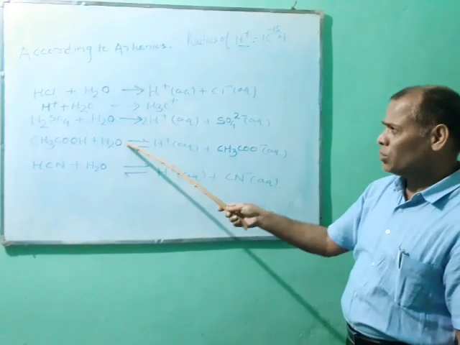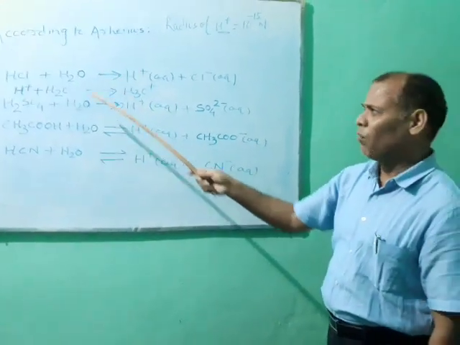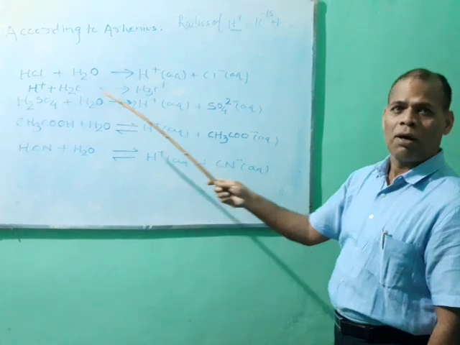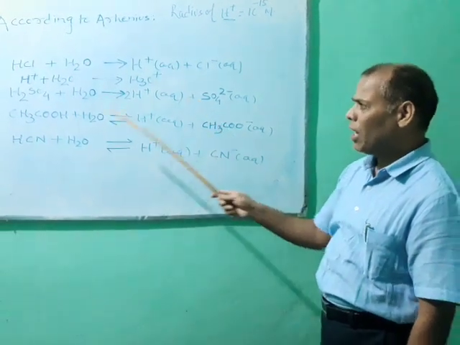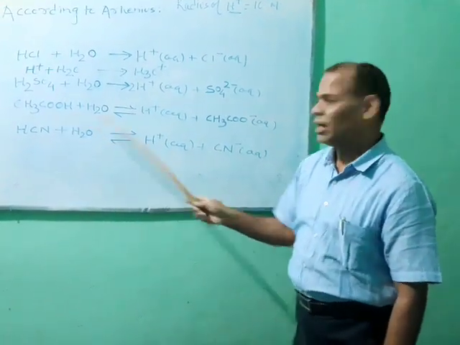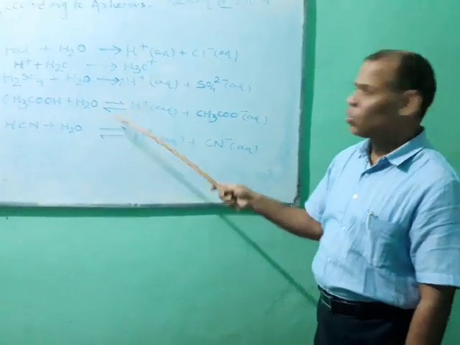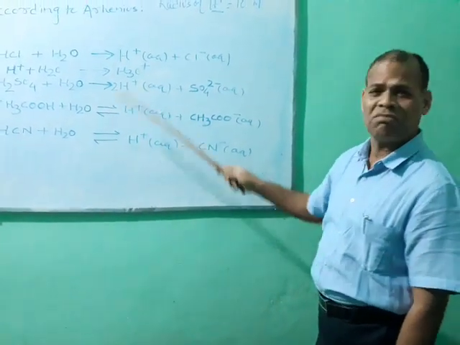Here two types of arrows are there. One is a single headed arrow pointing towards the product, another one is a double headed arrow. So what does it mean?